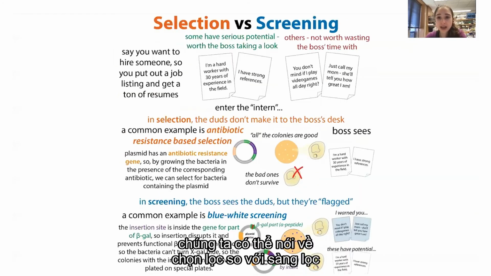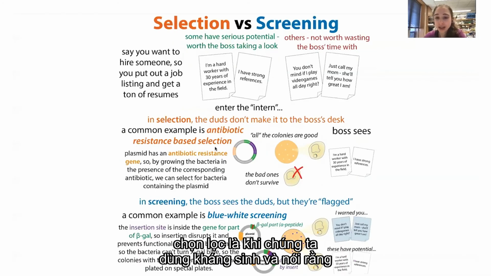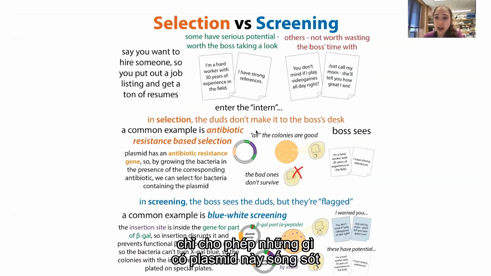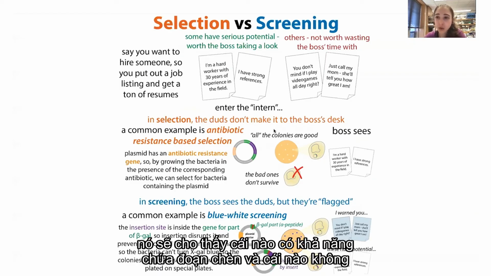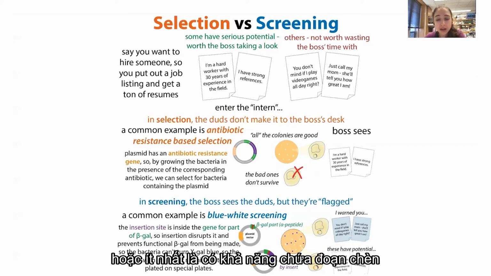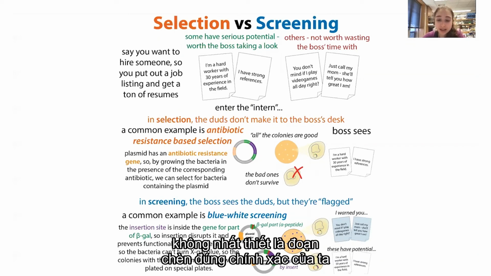We can talk about selection versus screening. Selection is when we are using the antibiotics and saying, okay, only let the things that have this survive. Screening, on the other hand, just shows us what probably has an insert and what probably doesn't, not necessarily our correctly spelled insert.